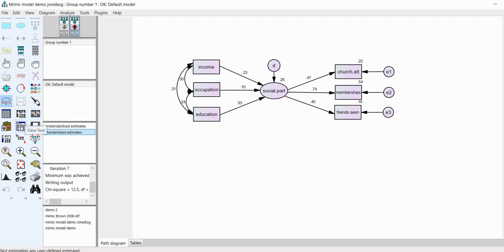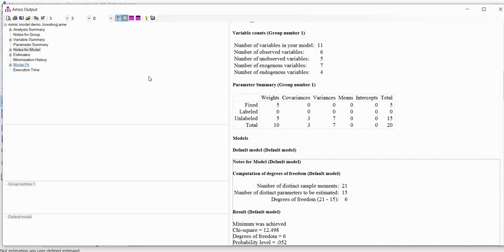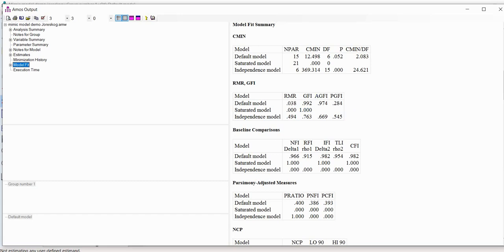So we'll go under the text file right here and take a look at the model fit, and you can see that right here we have the chi-square goodness of fit test. It's close, not quite significant at the conventional 0.05 level. Just keep in mind that historically a significant chi-square value would indicate that the model is not fitting the data well, but we generally don't rely solely on the chi-square test to evaluate goodness of fit.